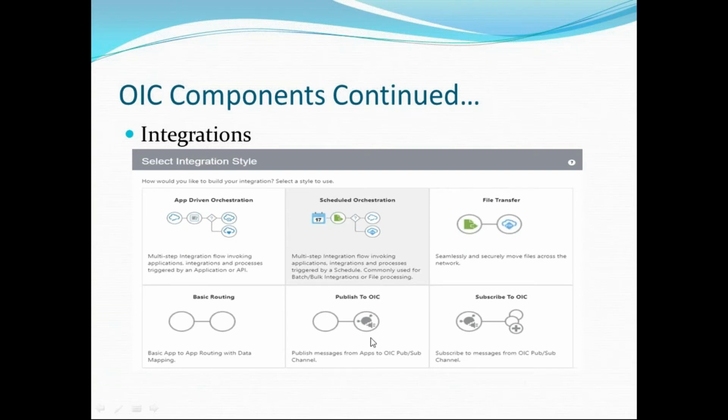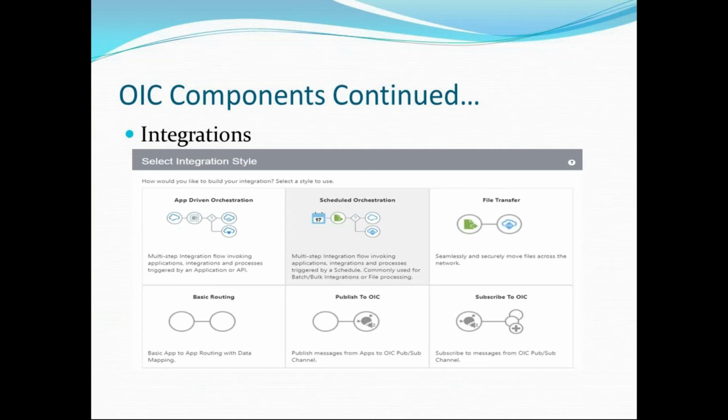Okay. Then publish to OIC and subscribe to OIC. These are the two patterns which are used to publish and subscribe to events. So for example, if there is a particular event you want to send to multiple subscribers, then you can use the publish to OIC feature.